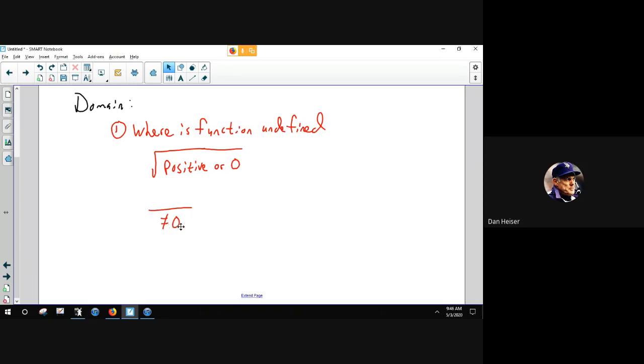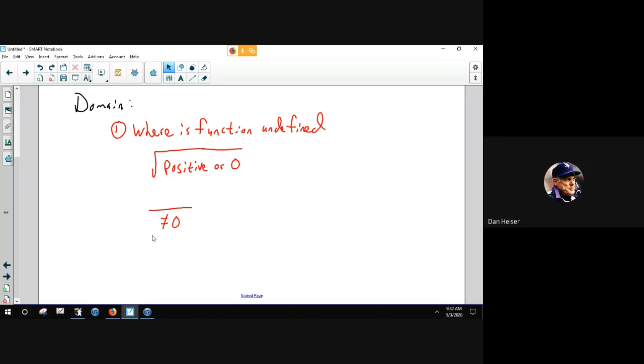Because it can happen. Anytime the denominator is equal to 0, that gives us a problem that has to be dealt with. So those are the two main things we look for. Make sure the square roots are 0 or larger, and make sure denominators of functions are not 0.